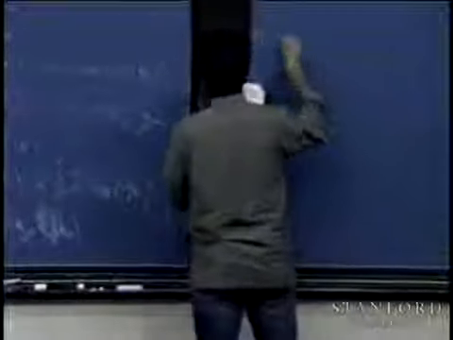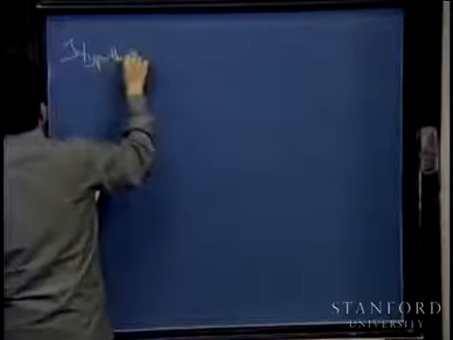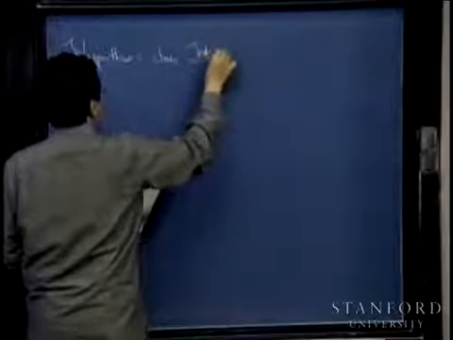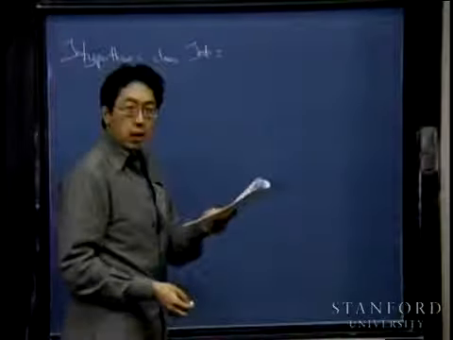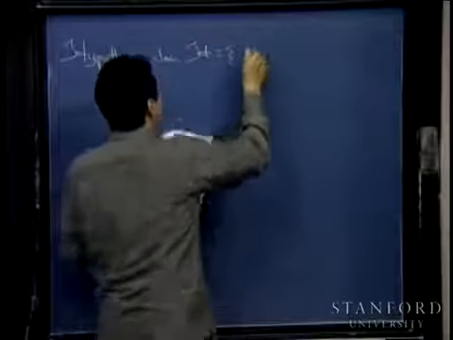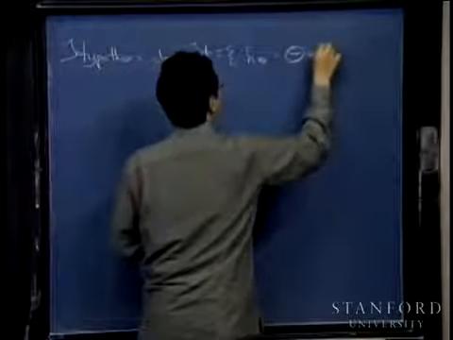So let me say what I mean by that. Let me define the hypothesis class, script H, as the class of all hypotheses. In other words, as the class of all linear classifiers that your learning algorithm is choosing from. Okay?